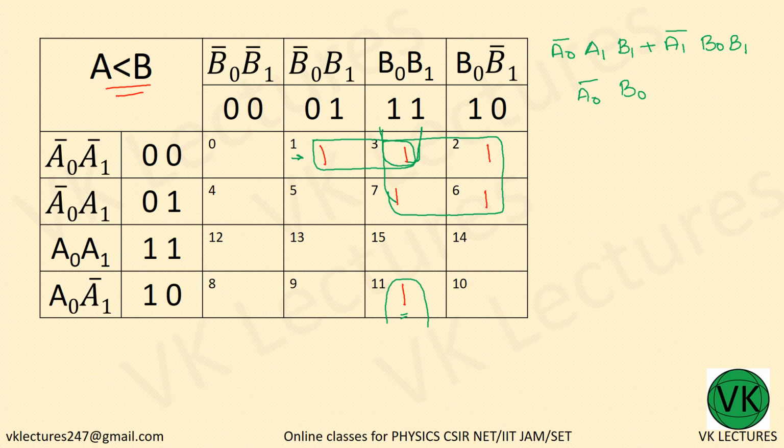So this is for the Y output where A is less than B.